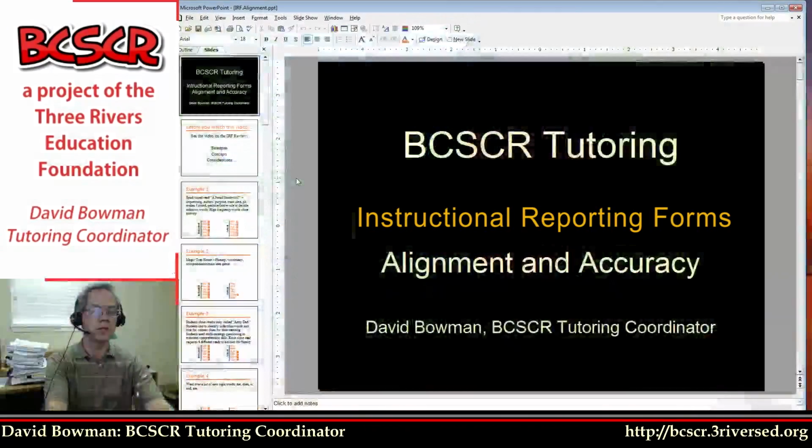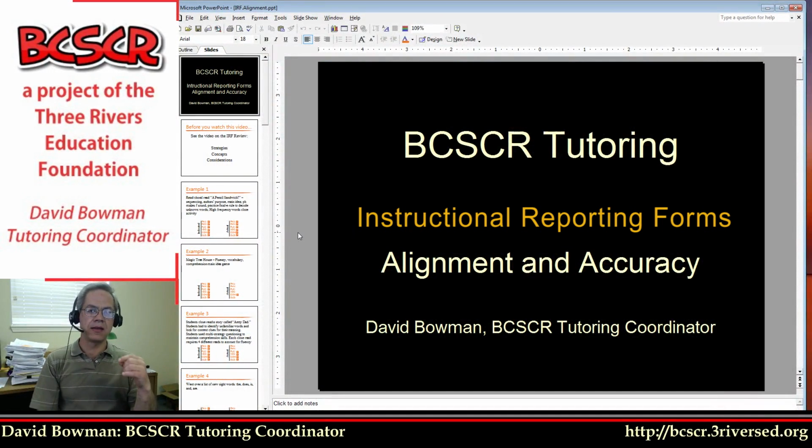And that really is what we're going to take a look at here. So let's run through some examples and look at the actual language. We're going to look at what was stated, what components the tutor indicated, and based on my review, what components the tutor actually seems to be addressing.